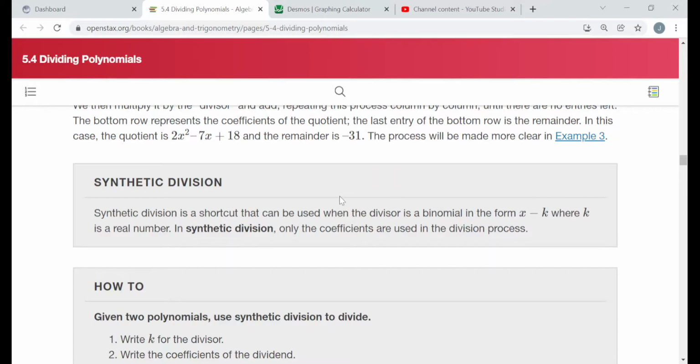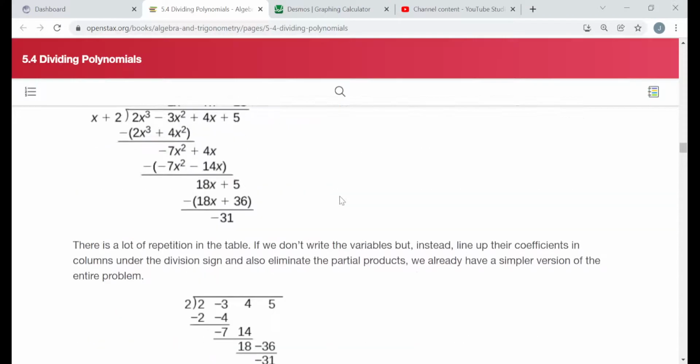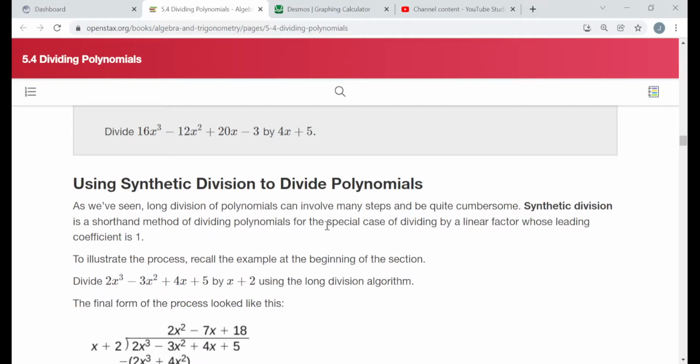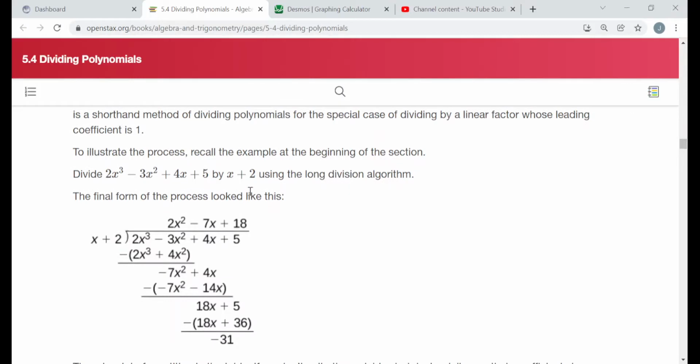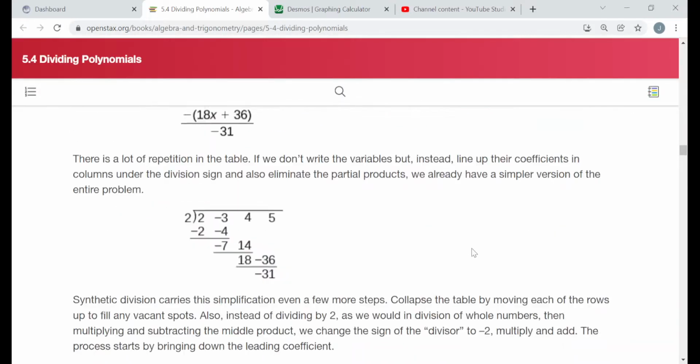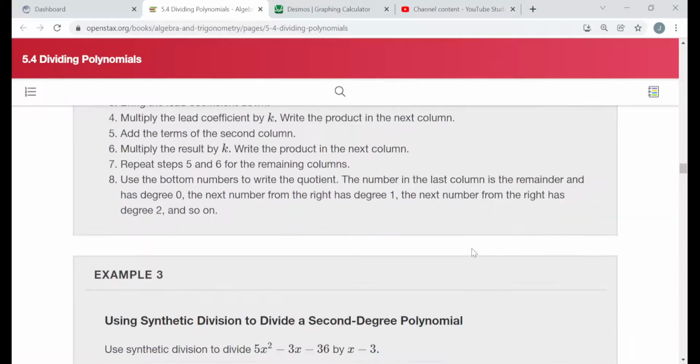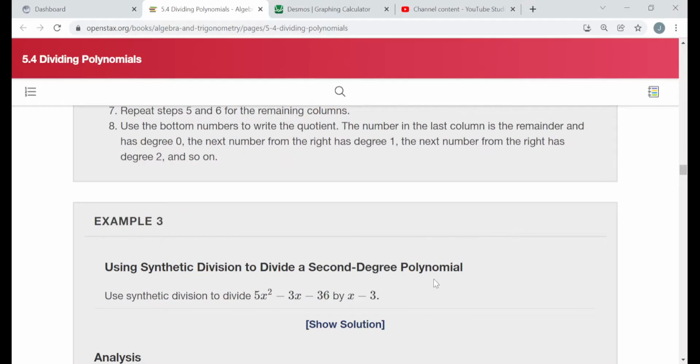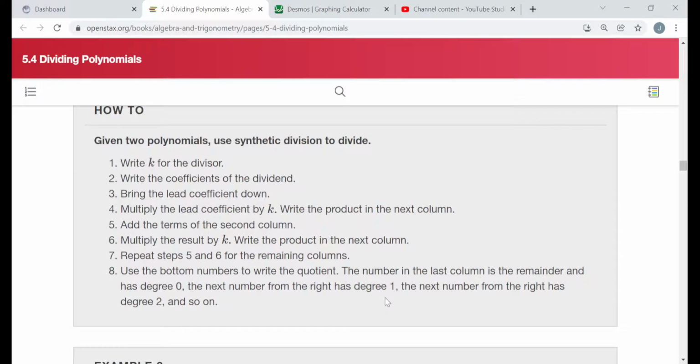And they even mentioned that back up here too, earlier in the reading: synthetic division, a shorthand method of dividing polynomials for the special case of dividing by a linear factor whose leading coefficient is 1. So like x plus 2, or x minus 3. You're dividing by a degree 1 with a leading coefficient of 1.